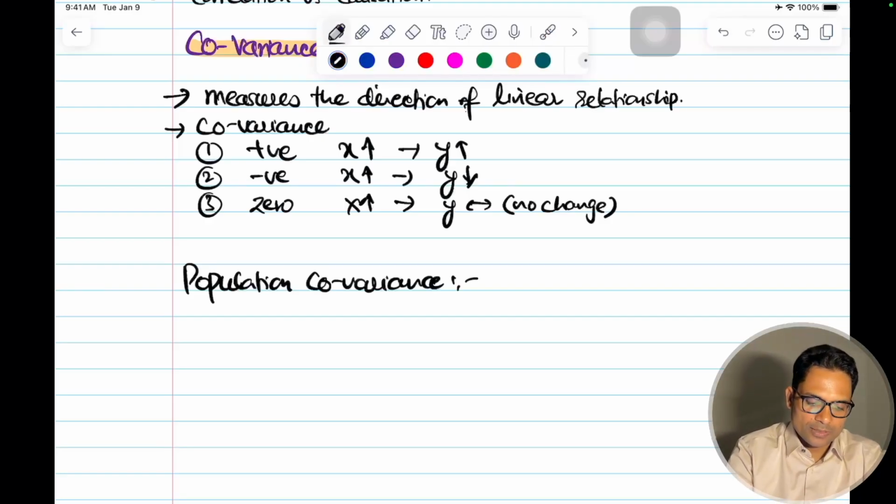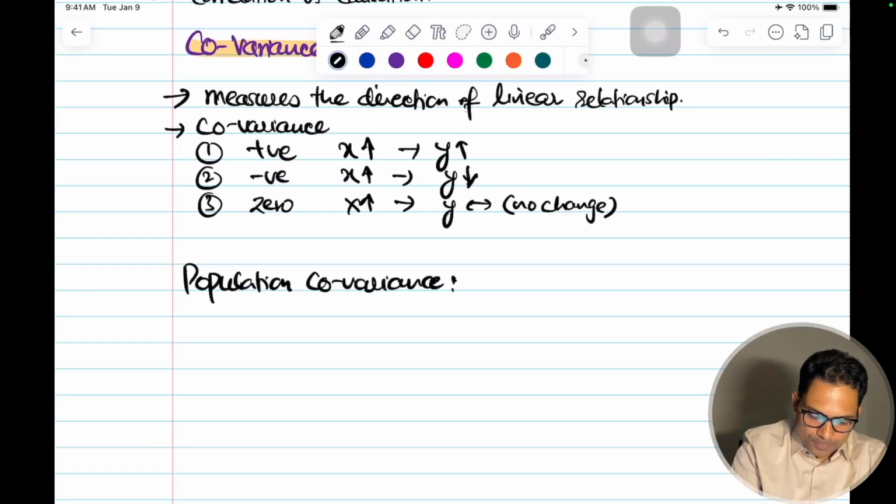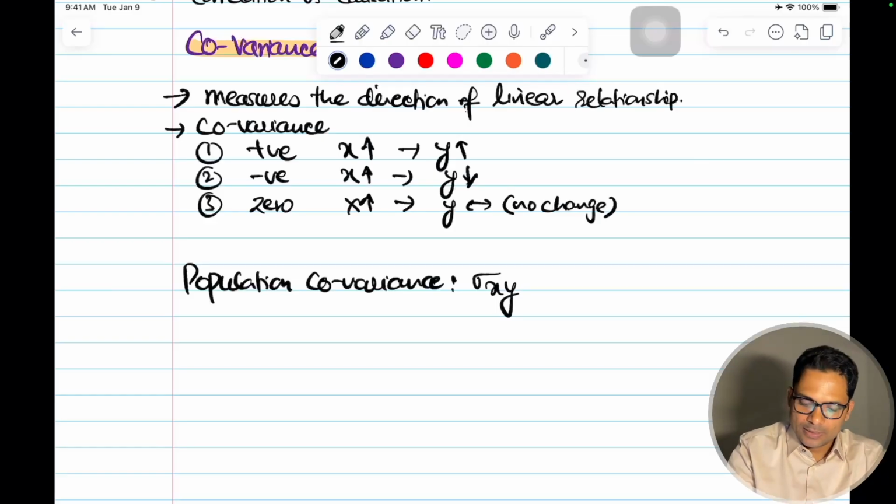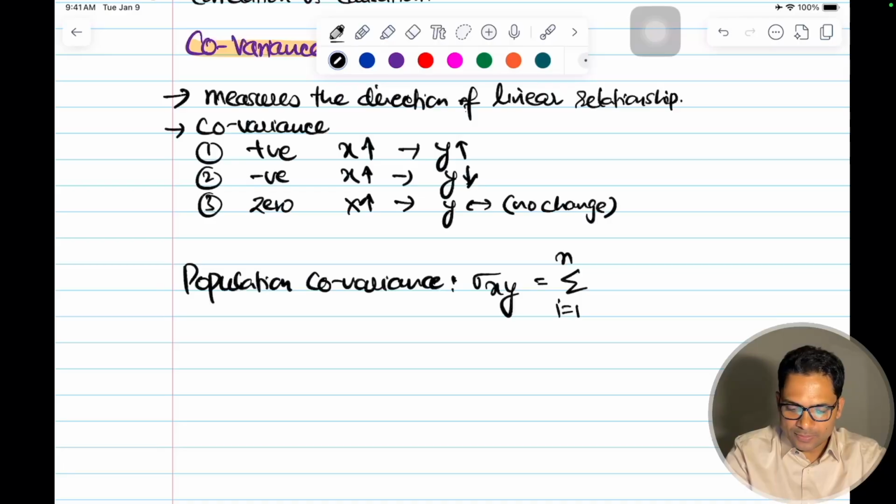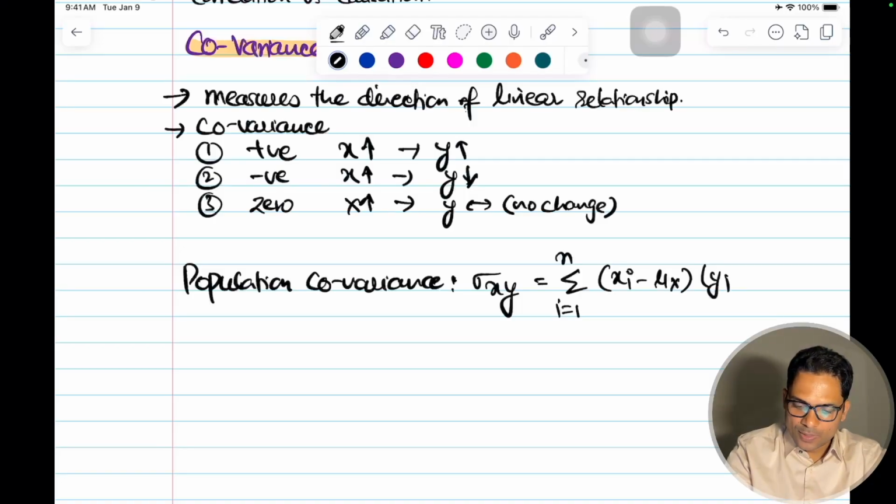So we have population covariance first. It's given by sigma xy, the covariance of x and y, equal to the sum, similar to standard deviation but with two variables x and y, from i equal to 1 to n, of xi minus mu x, that is the population mean of x, times yi minus mu y, the population mean of y, divided by the total number of samples.